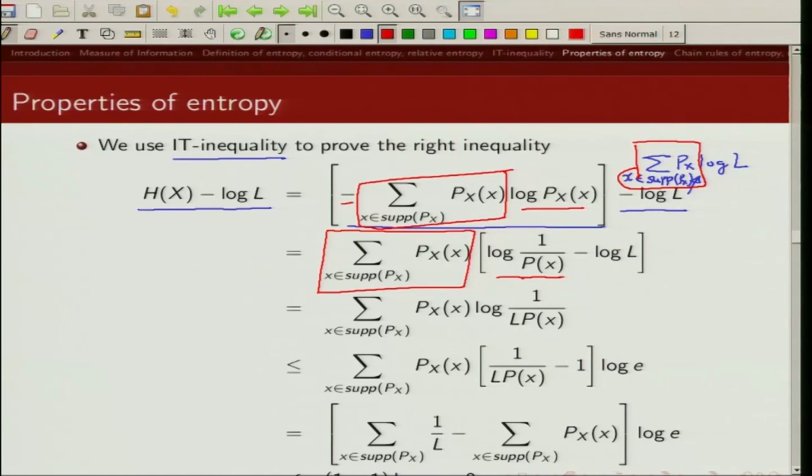And I have minus log of L, that can be written as plus log of 1 by L. And if I have log A plus log B, that is log AB. So I can combine these two terms and write it like this, log of 1 by L times p of x.